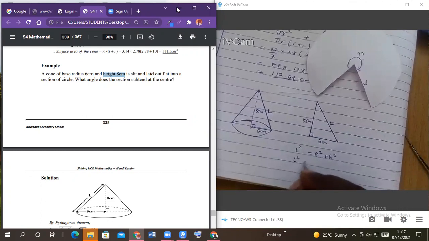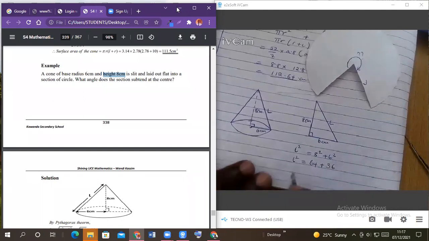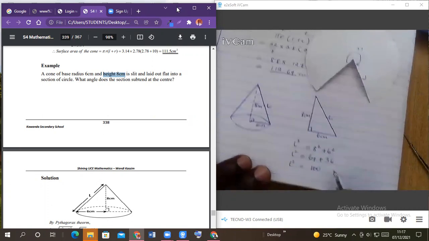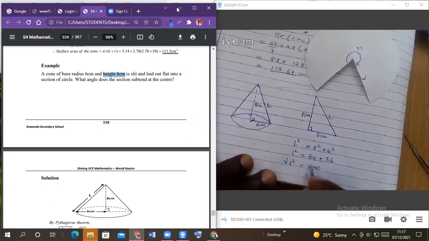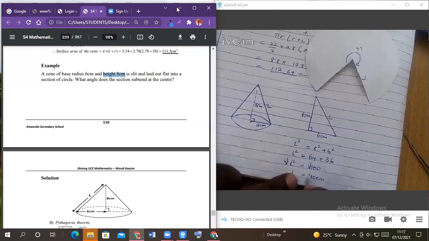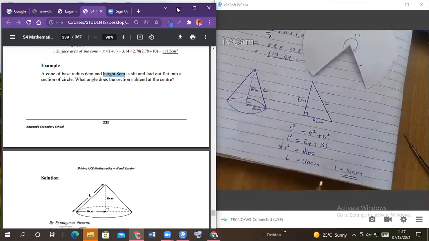L squared equals 64 plus 36, so L squared equals 100. Finding the square root on both sides, L equals 10 centimeters. It is plus or minus 10, but L shall be 10 centimeters. So that is the length.